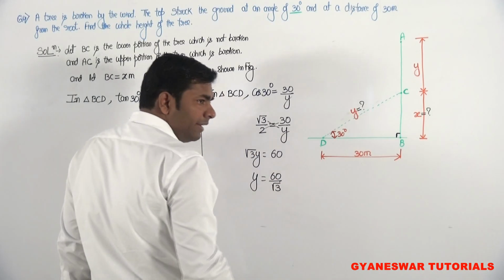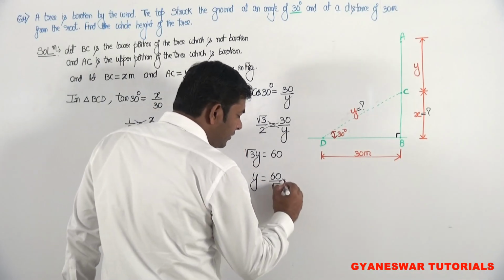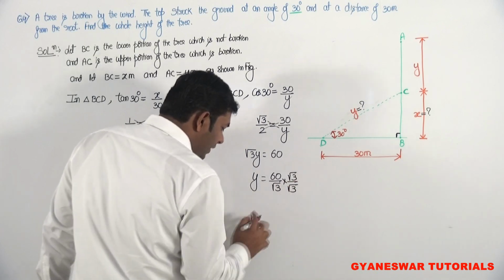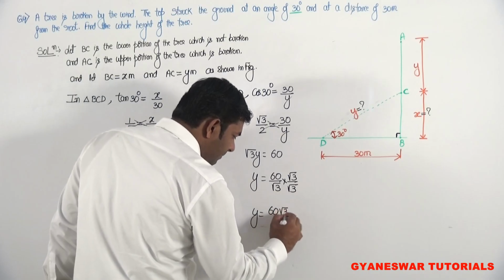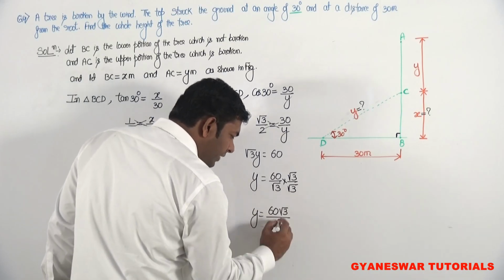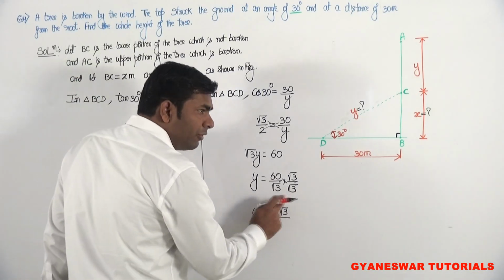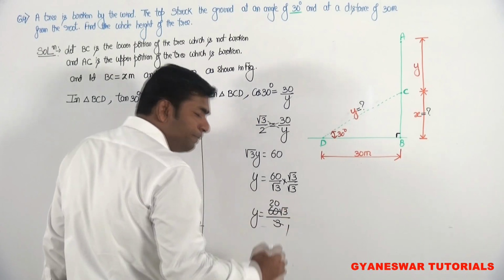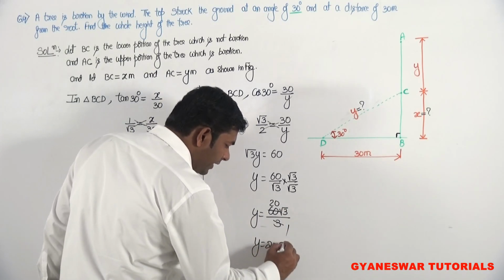60 by root 3. But there should not be irrational numbers in the denominator, so you multiply by root 3 and divide by root 3. Therefore y is equal to 60 into root 3 by root 3 into root 3, which is 3. 3 ones are 3, 3 twenties are 60. So y is equal to 20 root 3.